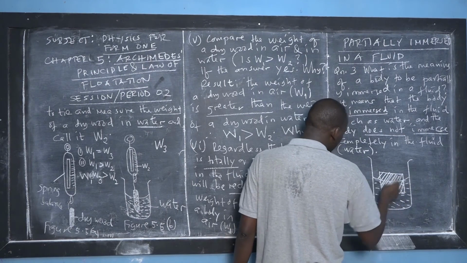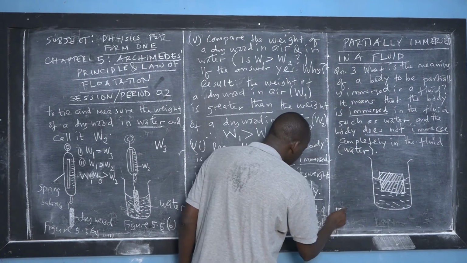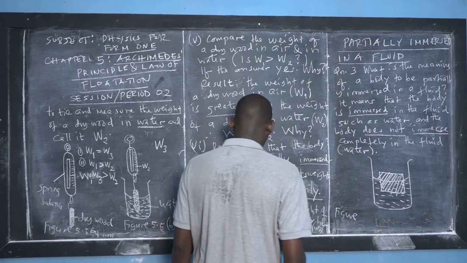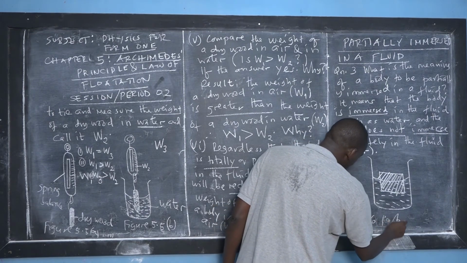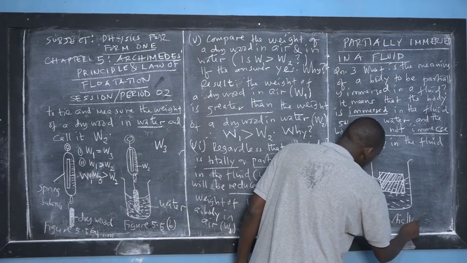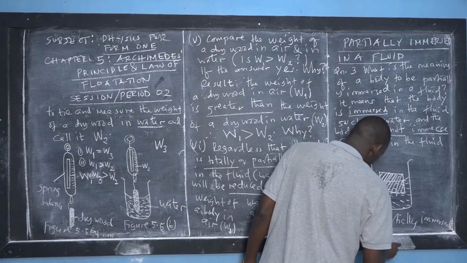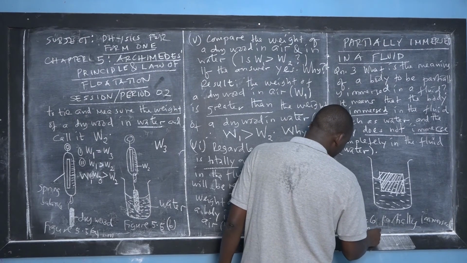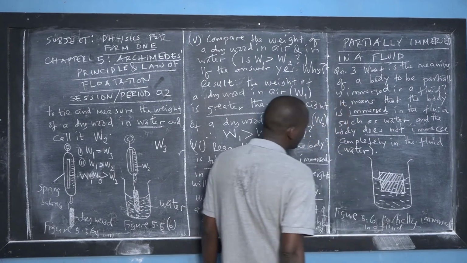So this is a tendency of partially immersed. So we say that this is figure 5.6, partially immersed in a fluid, or a body that is partially immersed in a fluid. That's what you mean.